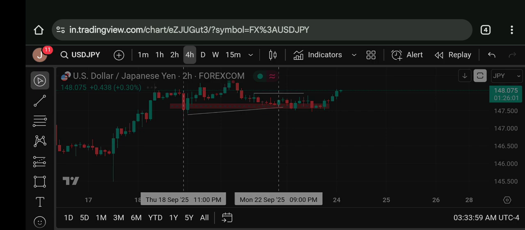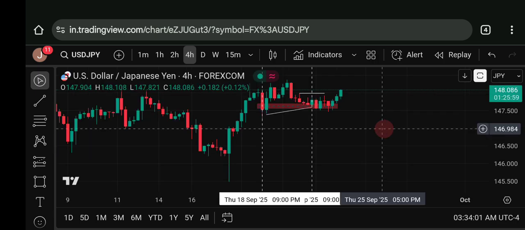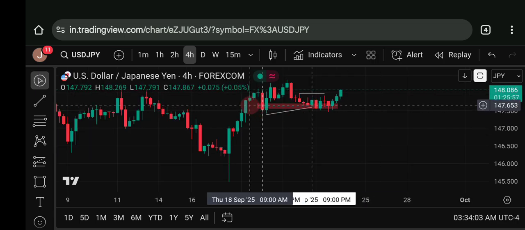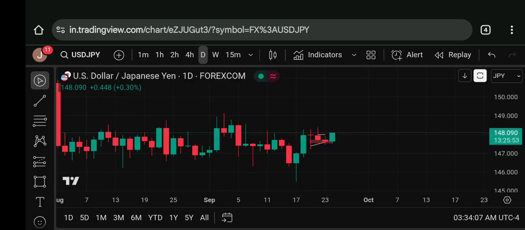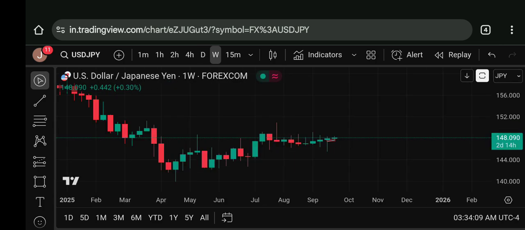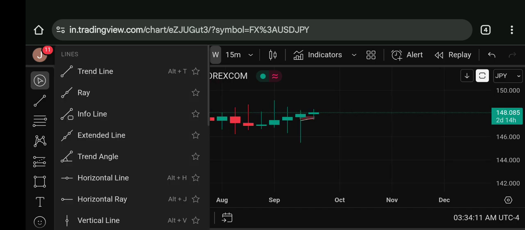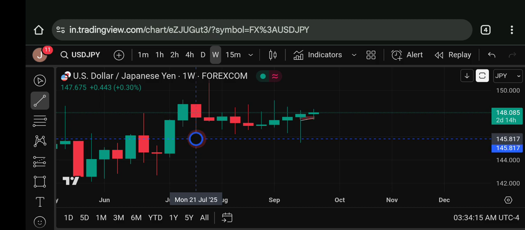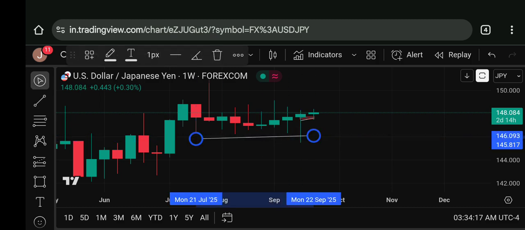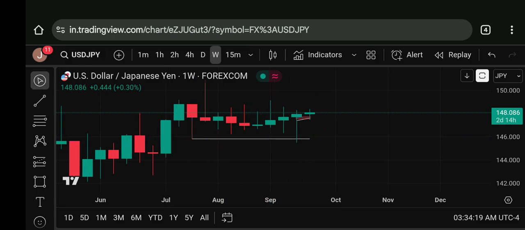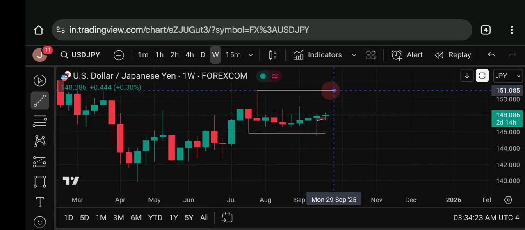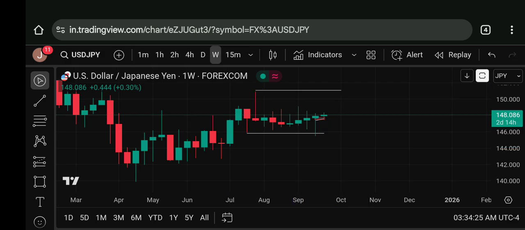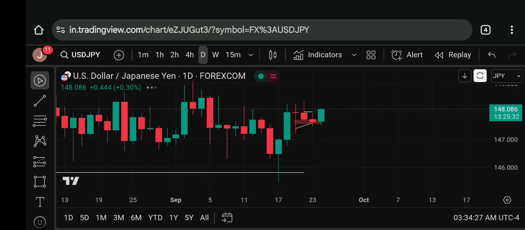whereas on the Usdjpy you could see that here 4-hour. So on Usdjpy you could see that on the weekly chart price tapped into this bullish fair value gap here on the weekly chart. So from this weekly internal range liquidity to this external range liquidity would be our target guys, internal to external on the higher time frame.